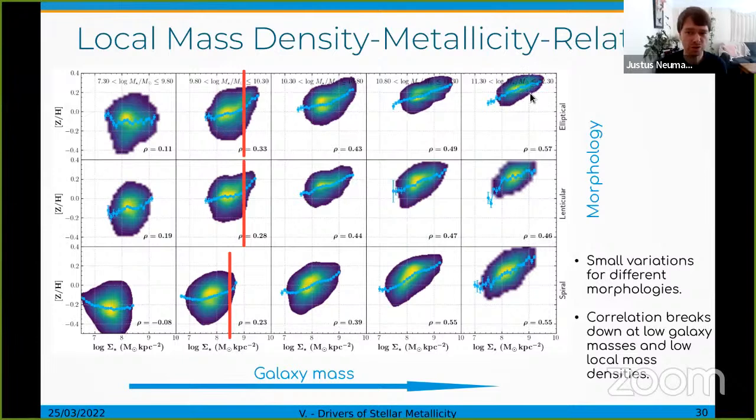What we just saw is just the consequence of the global relation. But there is a stronger dependence on the global mass. As we can see, if we go to the low mass galaxies and at the lower mass surface densities, this relation breaks down. So at the lowest masses, there's not much of a relation left.